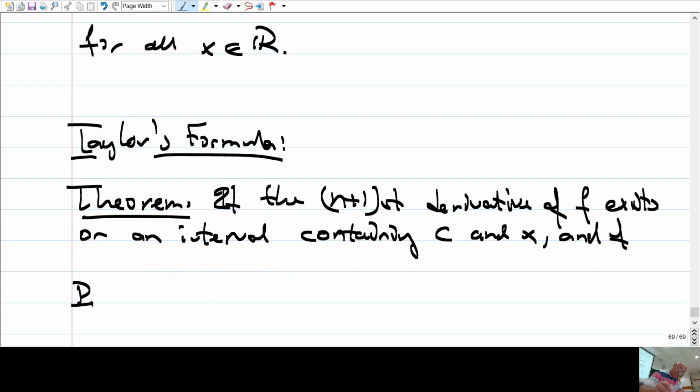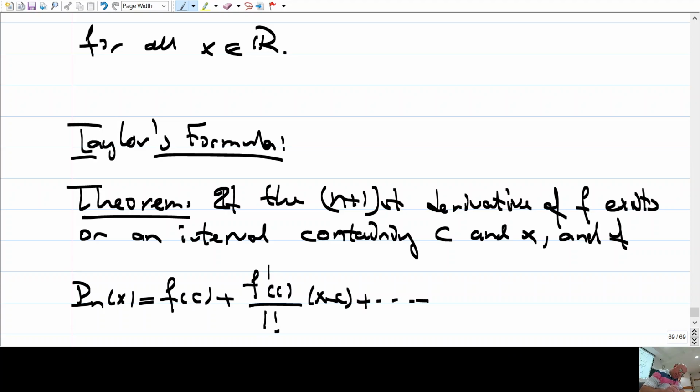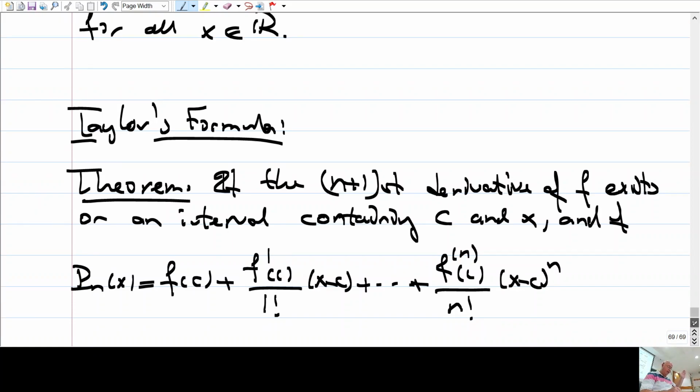If Pn of x is f of c plus f prime of c divided by 1 factorial times x minus c, and so on up to this. So you take actually the Taylor series up to the nth term.